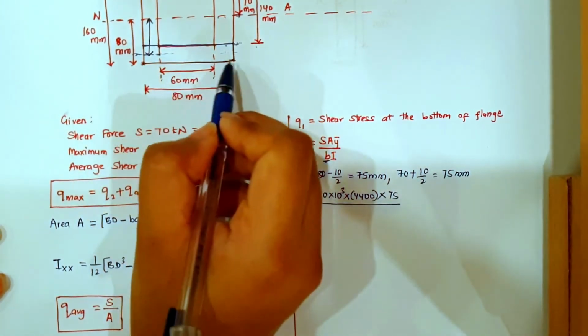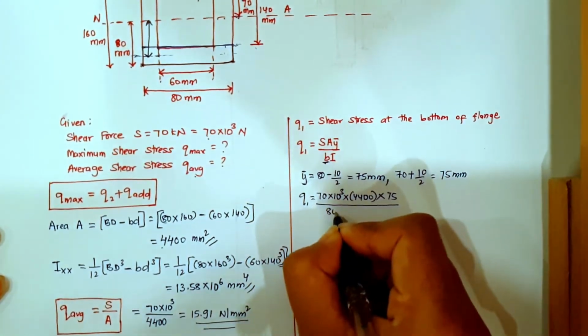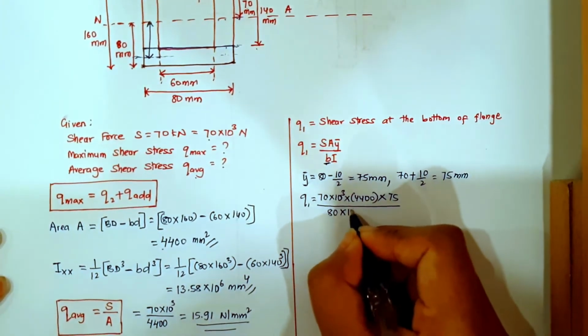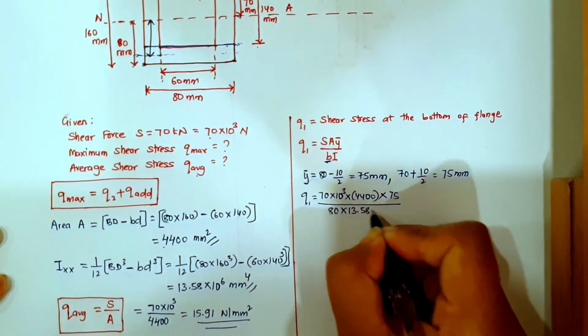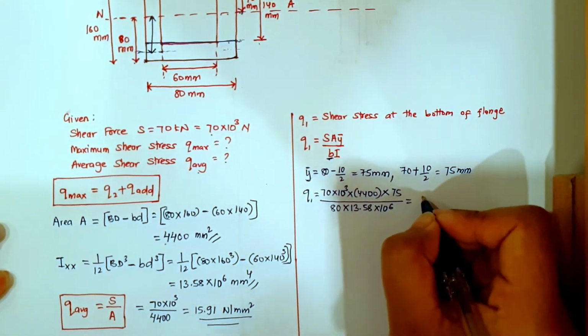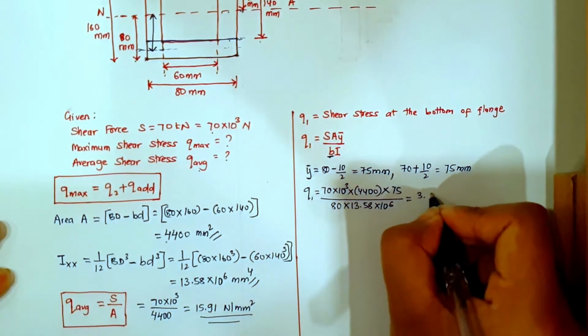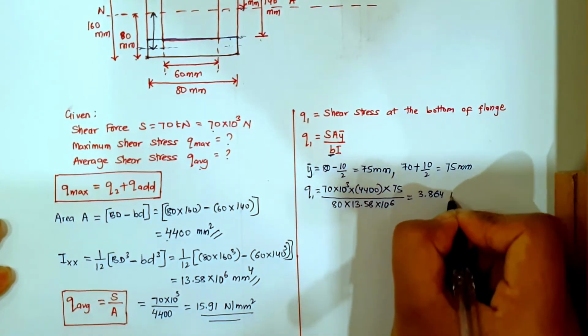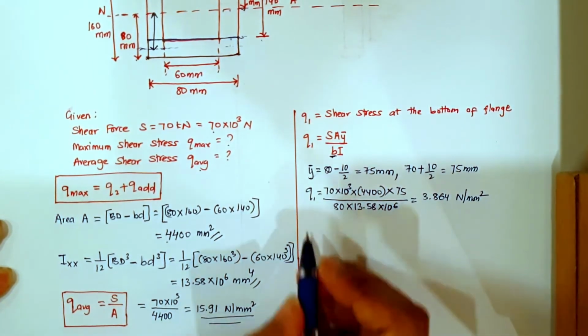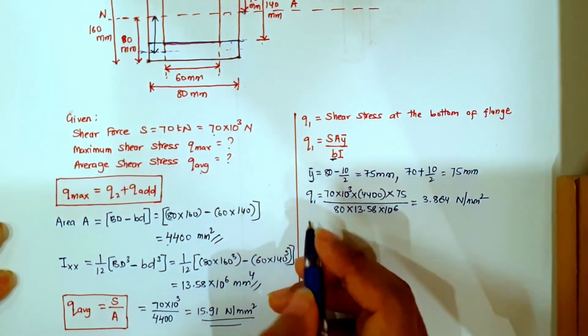So how much is the total width of this flange? It is 80, into I, we got 13.58 into 10 raised to power 6. From here you get Q1 equal to 3.864 Newton per mm square. Okay, now from here we can find Q2.